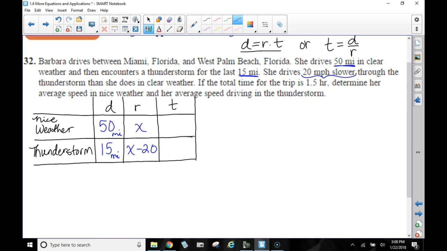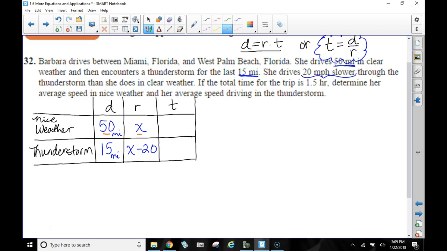Now, once you get 2 of the 3 columns filled out, we're going to fill that third column out using the other 2. Now remember above we said that time is equal to the distance divided by the rate. So we're going to be able to fill out this time column by taking the distance divided by the rate.